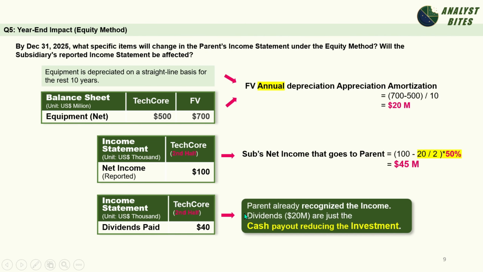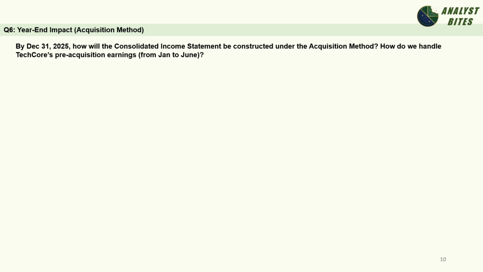Not at all. Profit is a fruit grown before the dividend. Dividends are just cashing out your investment. Cash goes up, investment goes down. It's just an exchange of assets and doesn't affect the income statement. Question 5. Perfect finish. Now that we've finished the equity method, let's look at the acquisition method.